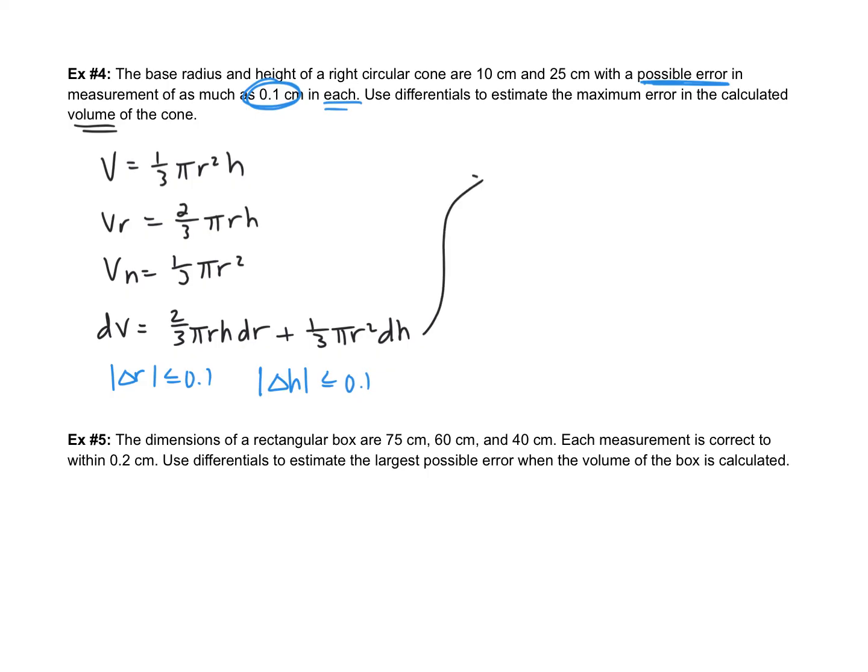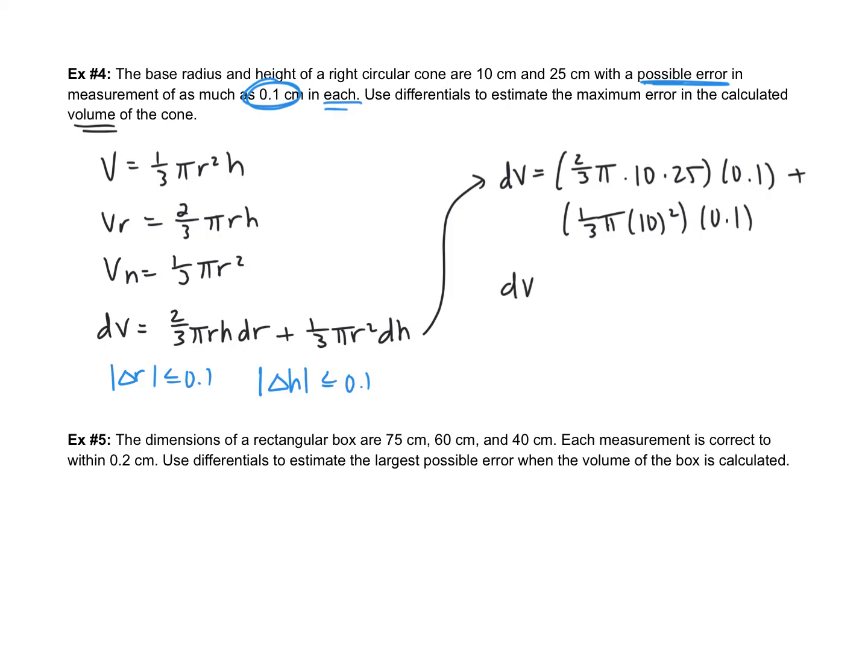So where that leads us to then is dV is equal to 2/3 pi, radius of 10, height of 25, times 0.1, plus 1/3 pi times 10 squared times 0.1. So our dV then is 20 pi, or approximately 63 centimeters cubed.